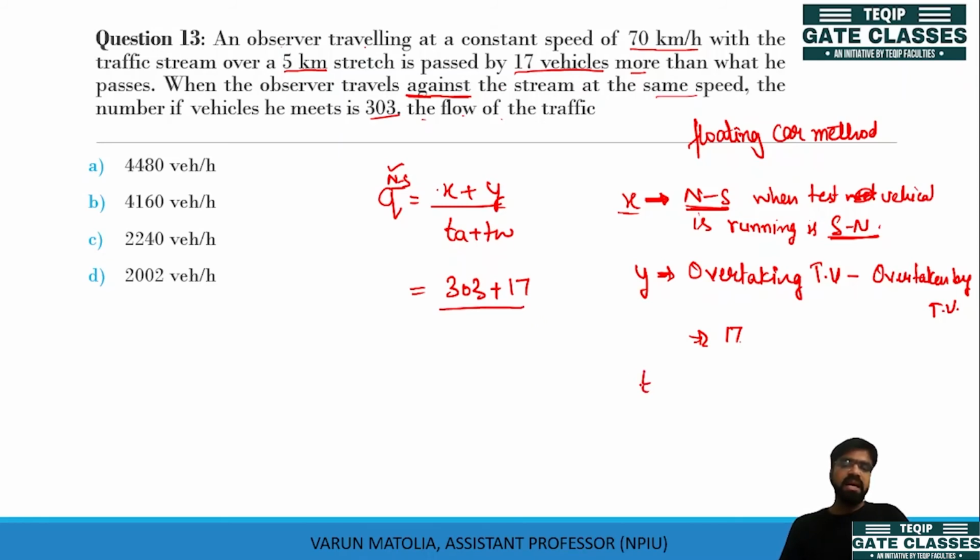Now what is TA? TA is whenever you are traveling against the traffic, meaning whenever you are moving in north south direction. We know that the stretch is of 5 kilometers and the speed with which we were moving was 70 kilometers per hour. So we will get the value in hour. Let us change this value in seconds, multiplied by 3600.